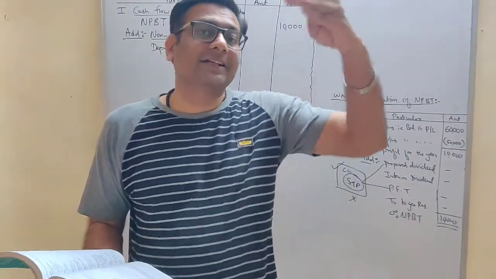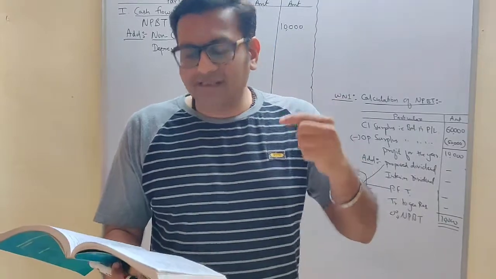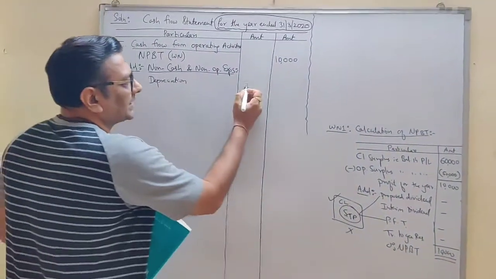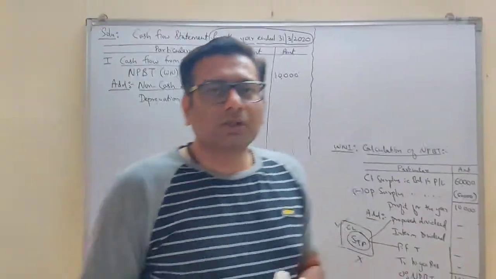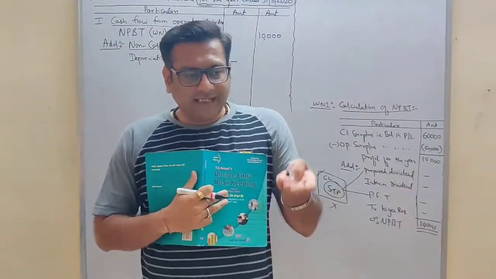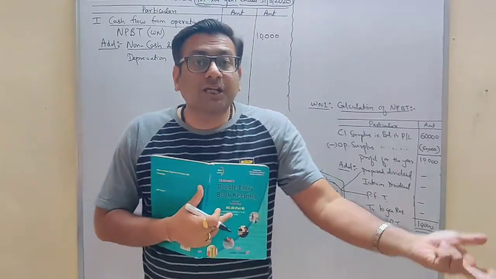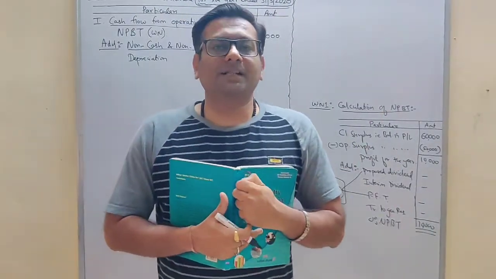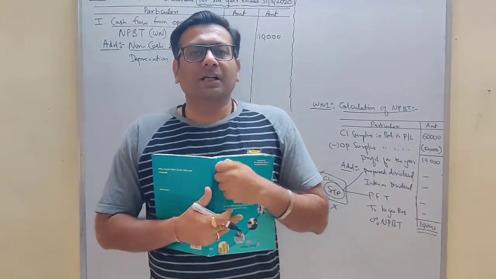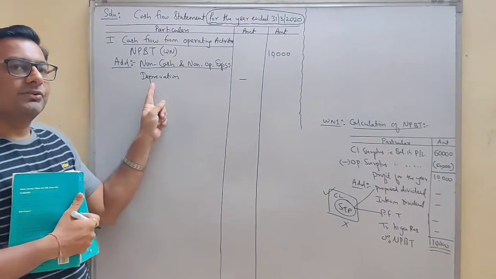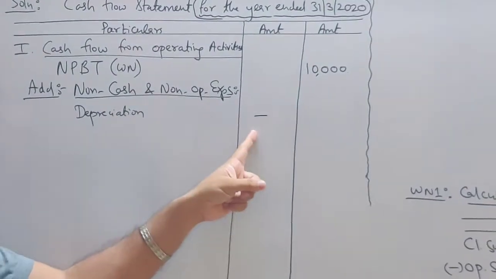So if your balance is increasing in tangible asset, you can't take it as depreciation. So what will you assume now? If your assets are increasing, you will assume it as purchase of tangible assets, purchase of fixed asset. If it is decreasing, then yes, you can take that difference amount as depreciation.